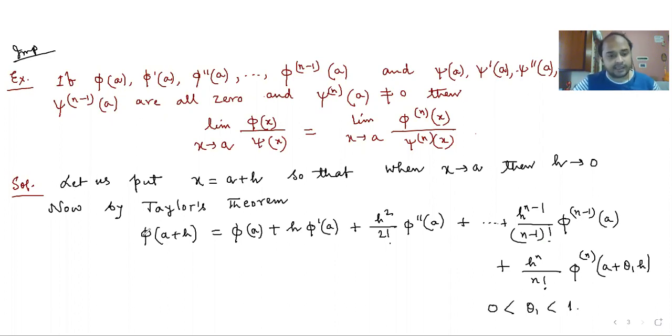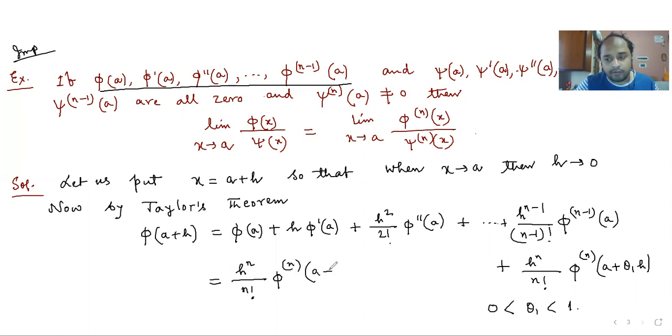You already know this result. But we know that all these derivatives, φ(a), φ'(a), φ''(a), up to φⁿ⁻¹(a), are 0. All the derivatives less than n are 0. So from this condition we get from Taylor's theorem that φ(a+h) is actually hⁿ/n! times the nth derivative of φ at the point a+θ₁h, where θ₁ lies between 0 and 1.